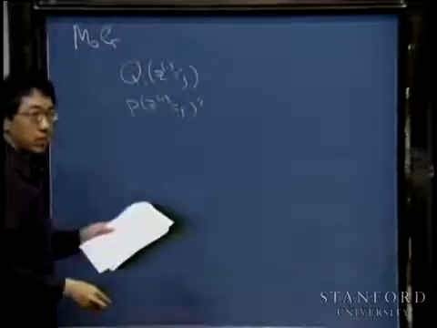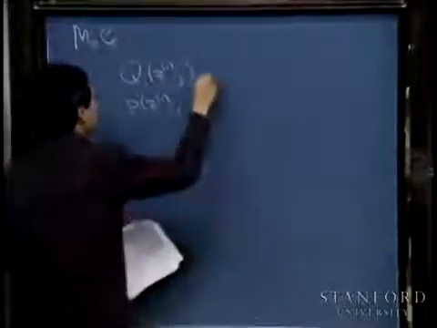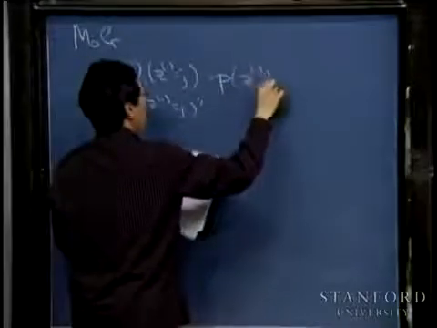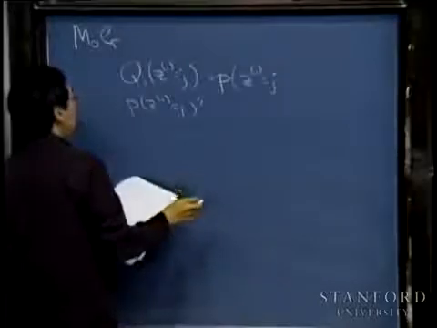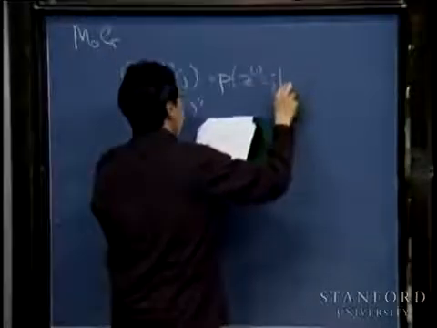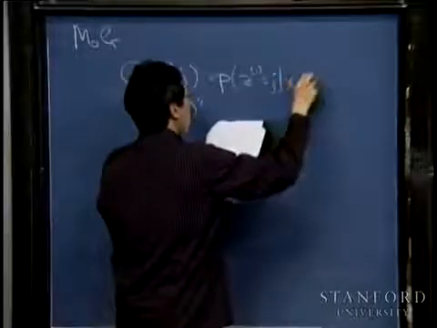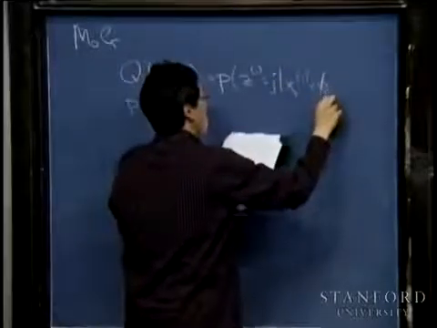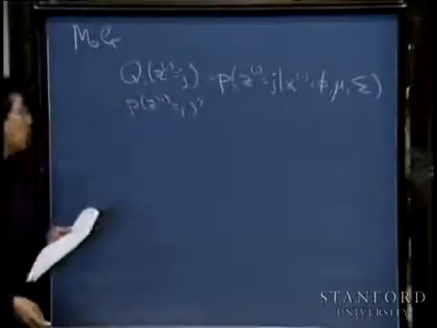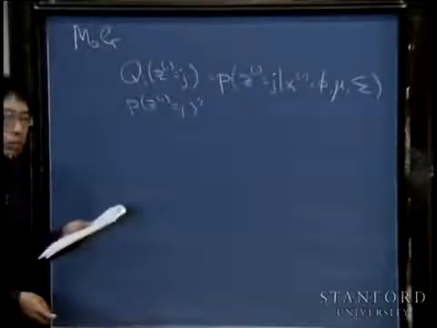That's what this notation means. The EM algorithm tells us that Q of j is the posterior probability of Z being a value j, given xi and all your parameters.